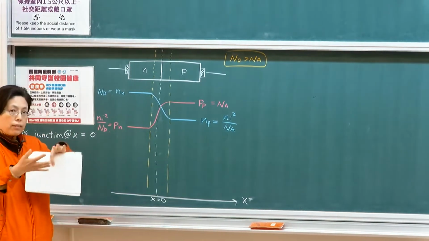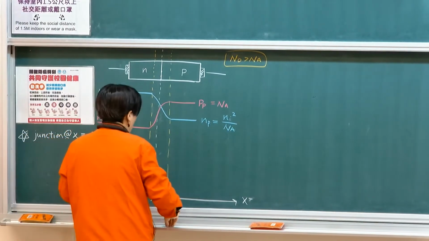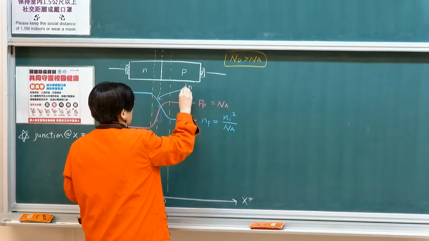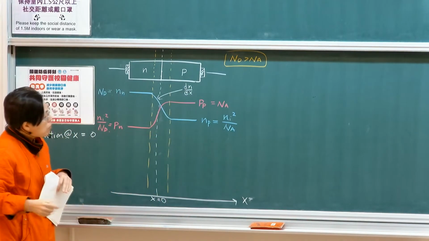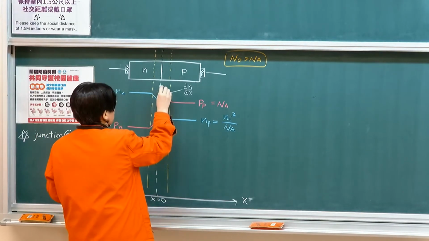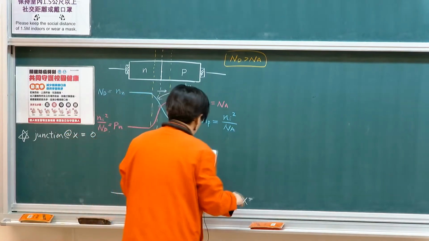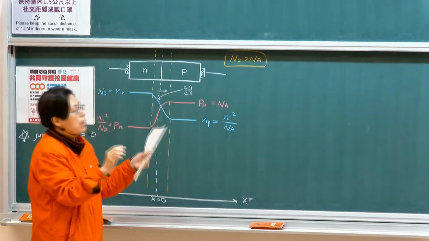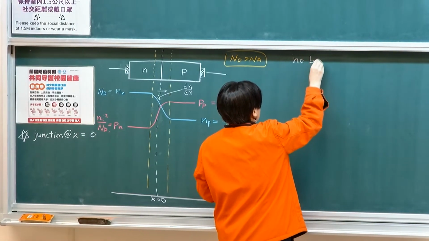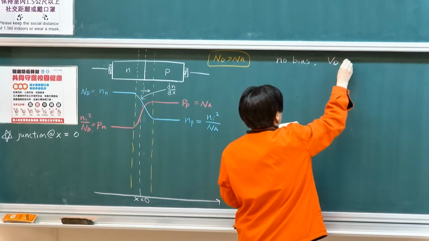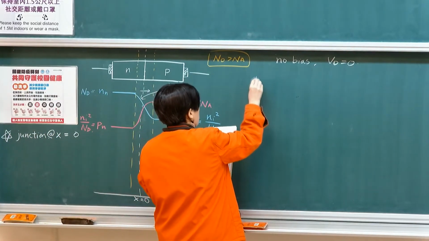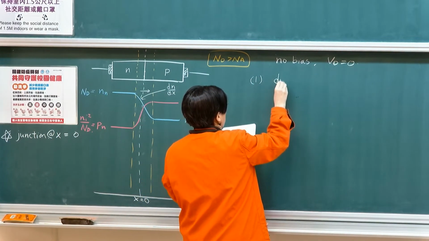This means that inside this transition region, I have a fairly high dn/dx. This diffusion force, this gradient, will push electrons to the right. This is without any bias, so we can assume this is at no bias, or Vd equals 0. There's no bias between the two. Under this particular condition, the first observation is that there's a diffusion force.